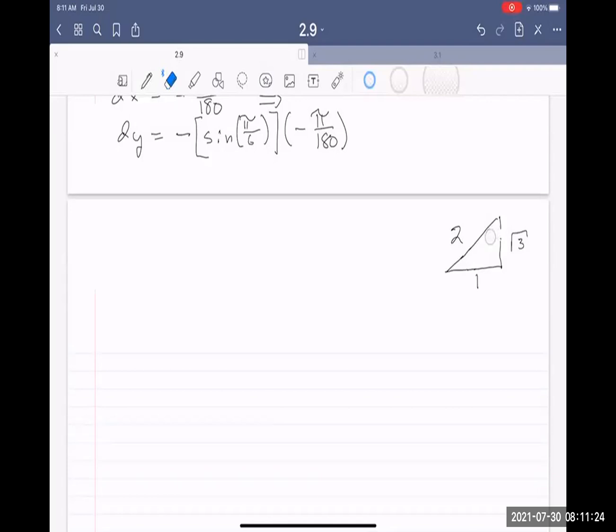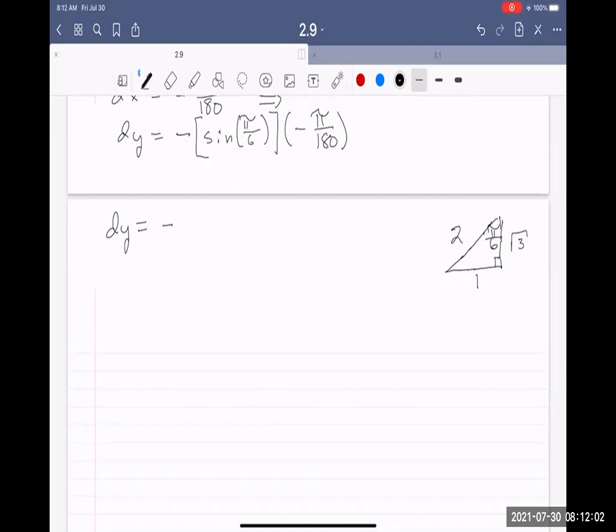No, pi over 6 is the smaller one. Sorry. I'm just trying to be sure that this triangle is correct.